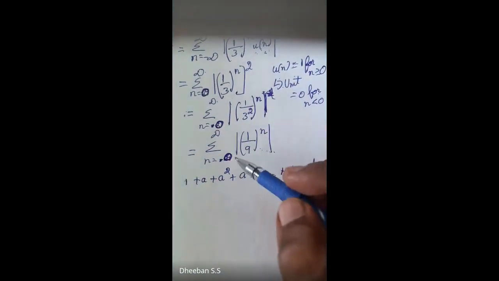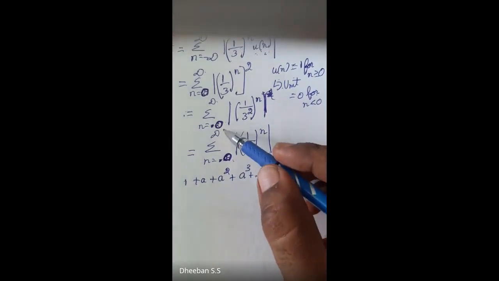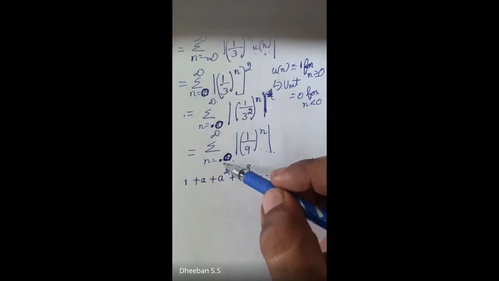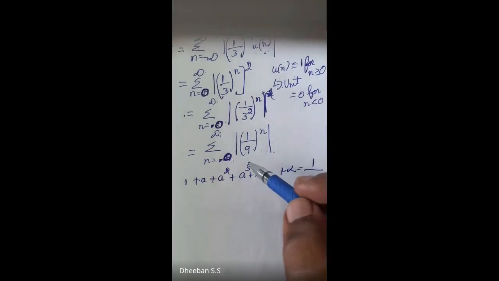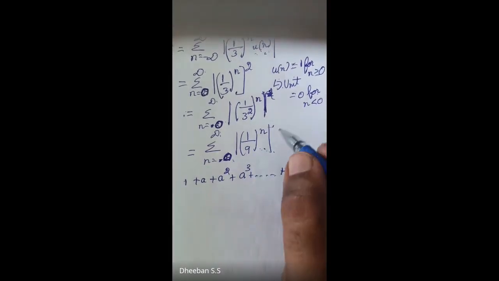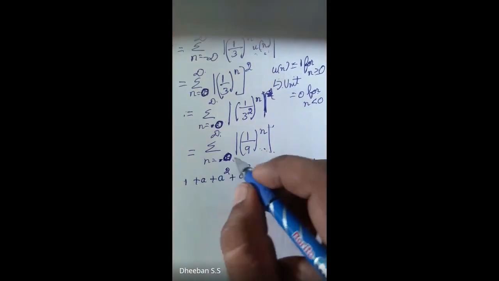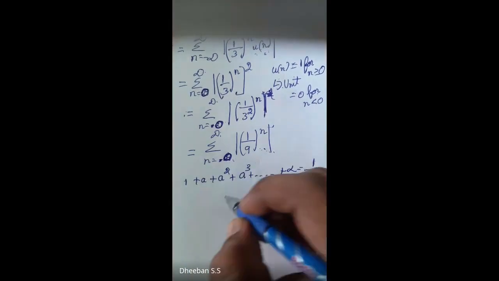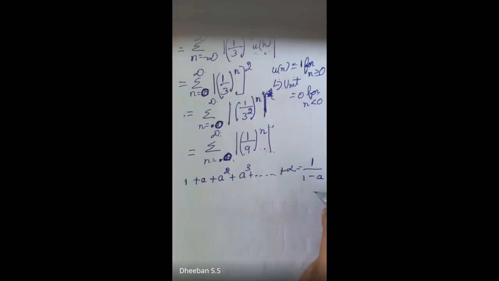From 0 to infinity, we'll be applying this formula. Then you don't need to apply it for each and every term; the formula is there, so you can directly apply the value.